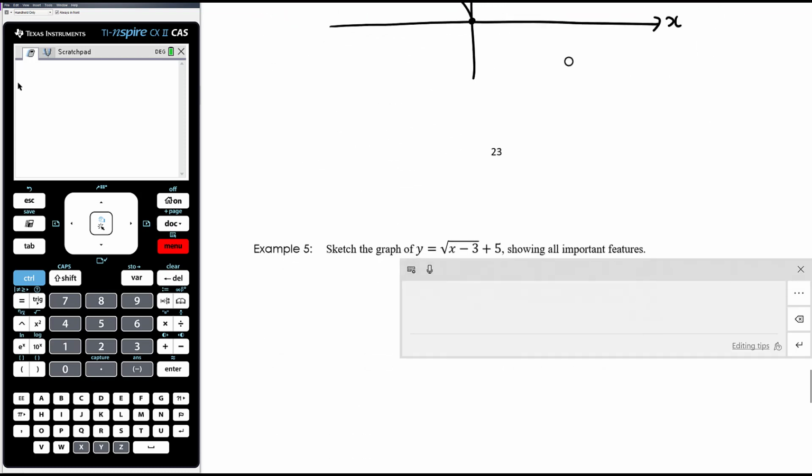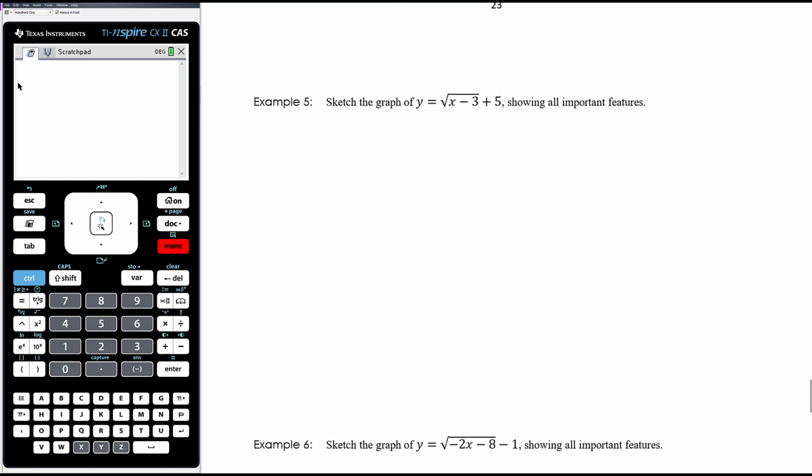Okay, let's have a look at number 5. Sketch the graph of y equals the square root of x minus 3 plus 5. There's no reflections here. There's no negative out the front, and there's no negative x. Okay, so no reflections. So my graph shape is going to be this one, going that way.